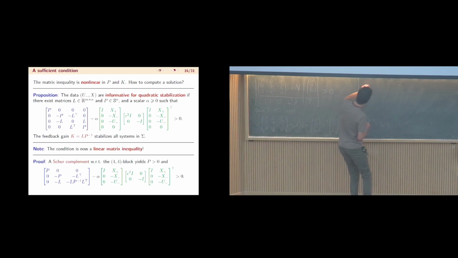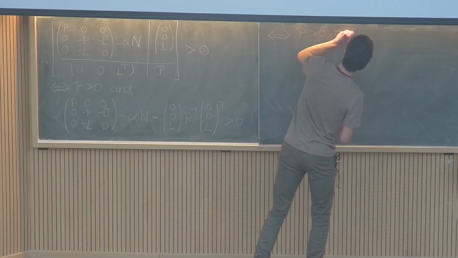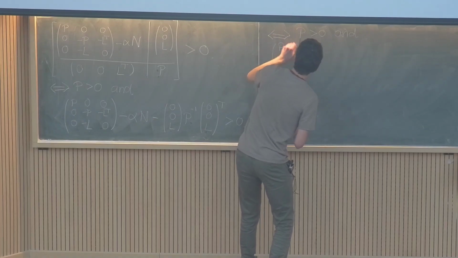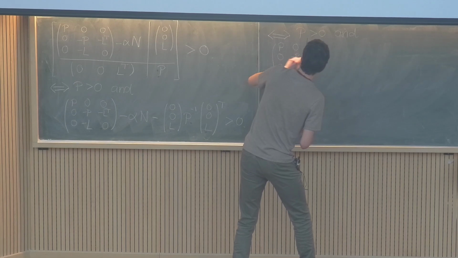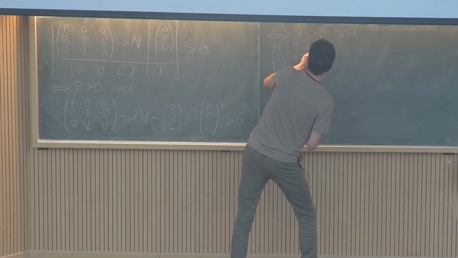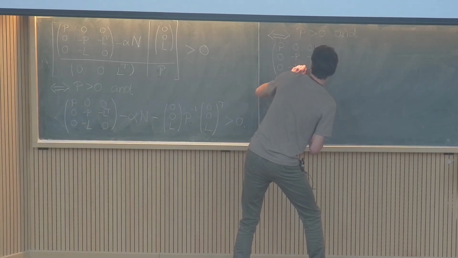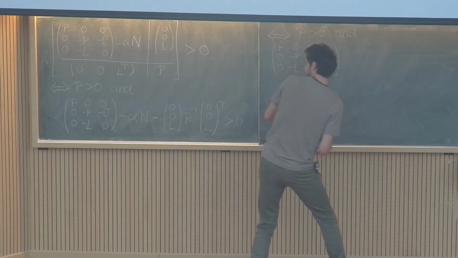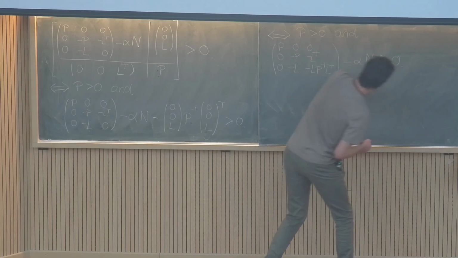In other words, this is equivalent to saying that P is positive definite and P, 0, 0, 0, 0, minus P, minus L transpose, minus L, and then I have minus L P inverse L transpose, minus alpha N is positive definite.